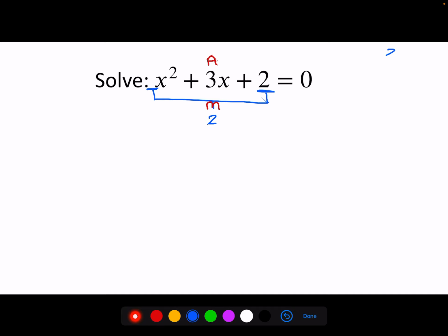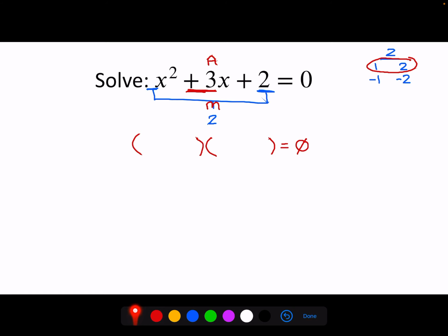Now there's a lot fewer numbers that multiply to be 2 than there are that add to be 3. So I'm just going to list out those numbers. We have 1 and 2. We have -1 and -2. Out of these two pairs, the only one that will add to be +3 is +1 and +2. So I now make my double bubble, just 2 sets of parentheses, and it's still set equal to 0, just like our original.